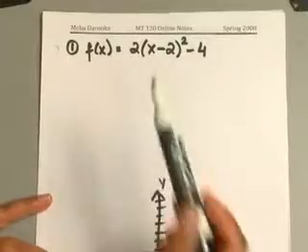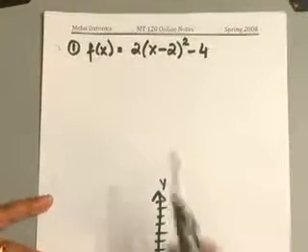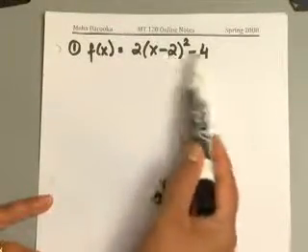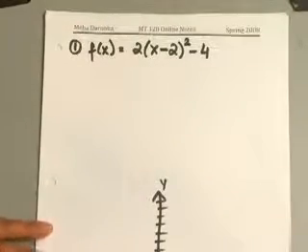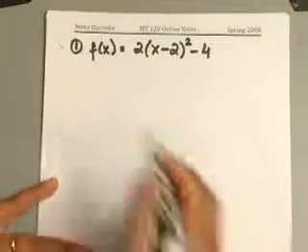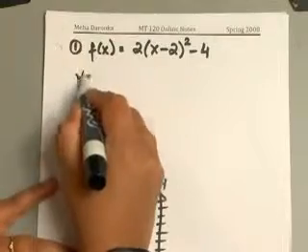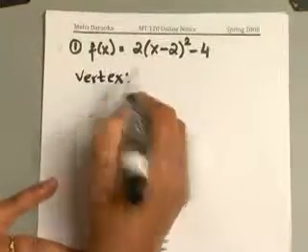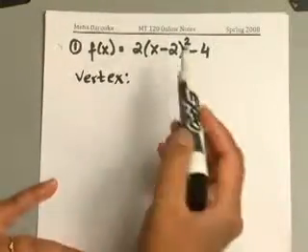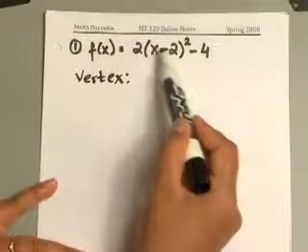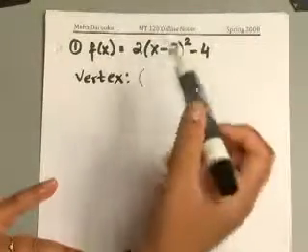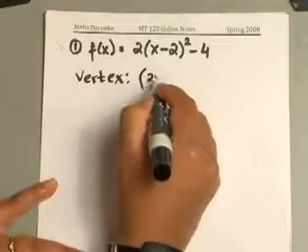And you can identify your vertex from your points here, 2 and negative 4. So how about we go ahead and identify that vertex, since we need that to plot our point here. Now again, you have x minus 2, which tells you that h is a positive 2.